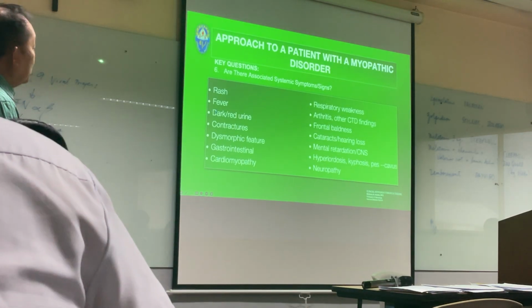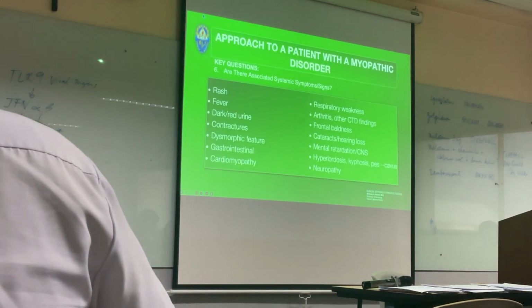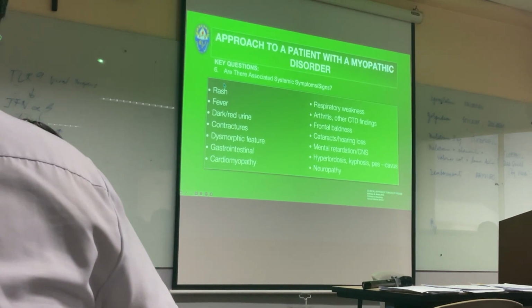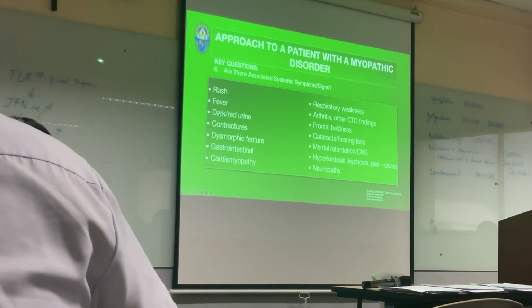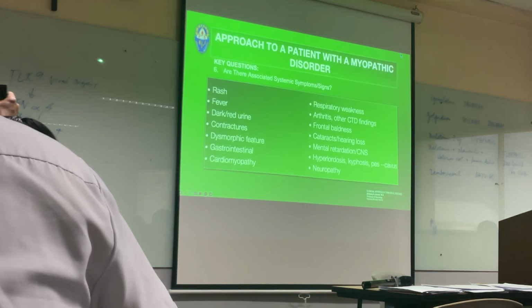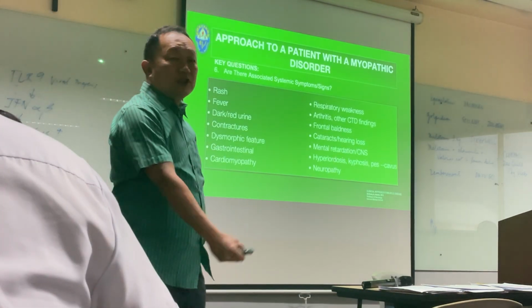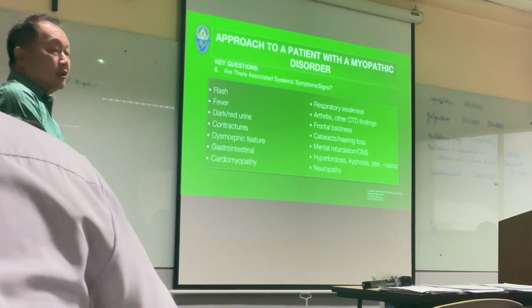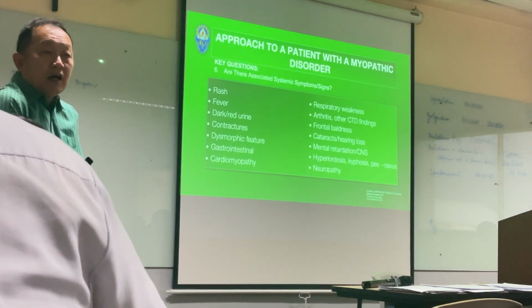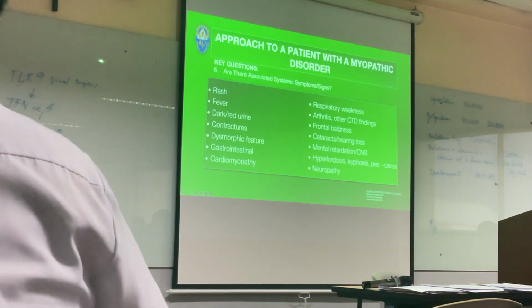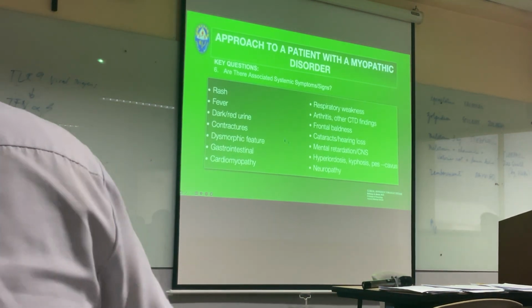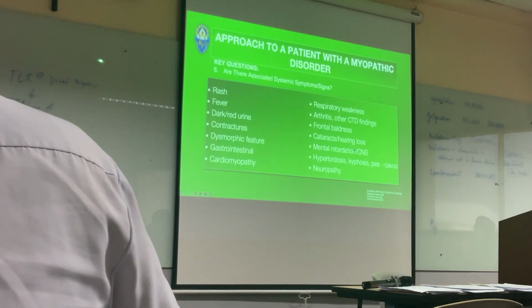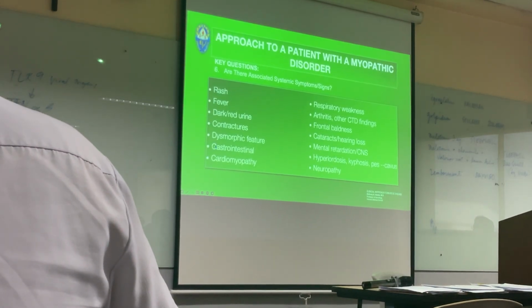Fever means inflammation, common in polymyositis, dermatomyositis. Rashes, contractures as a result of atrophy of tissues. The extremities become stiff and contracted. Dysmorphic features basically because of the weakness and atrophy of the muscles.